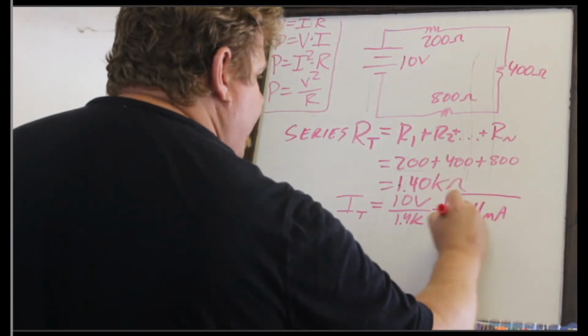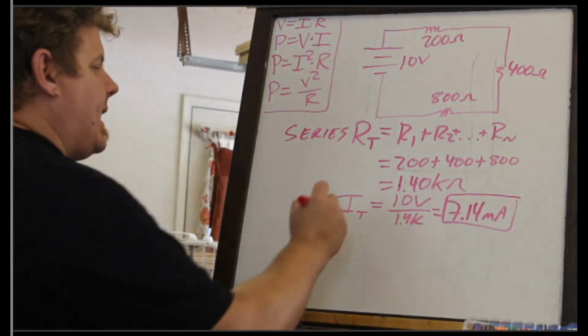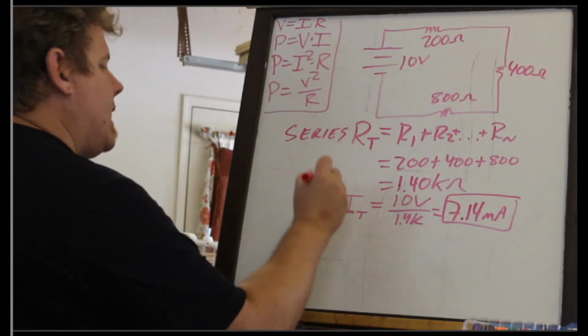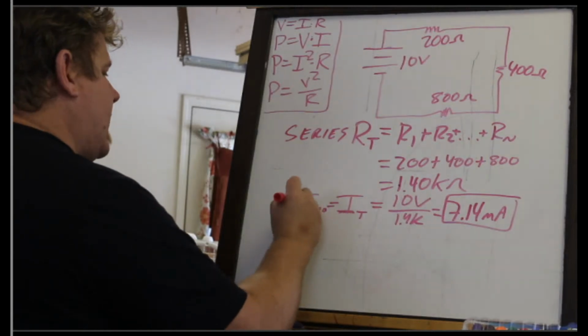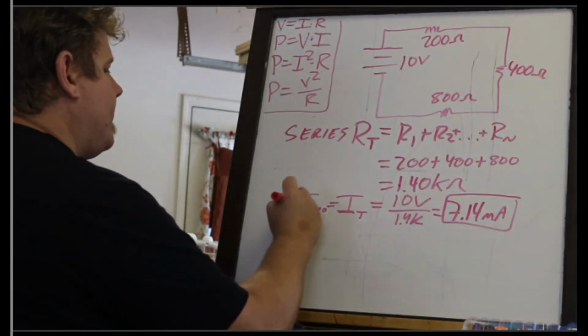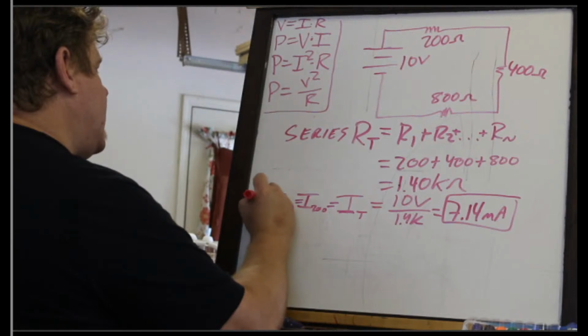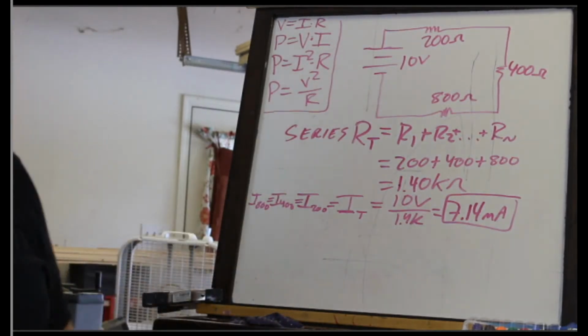So I've found the total circuit current, but I've also found the current through the 200 ohm, the 400 ohm, and the 800 ohm. All of them are the same because there's only one.